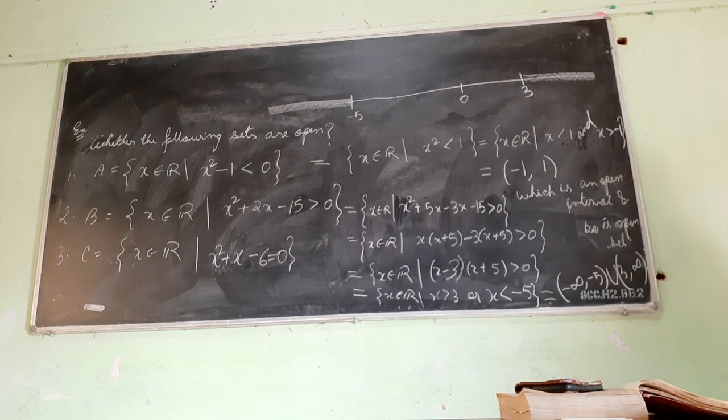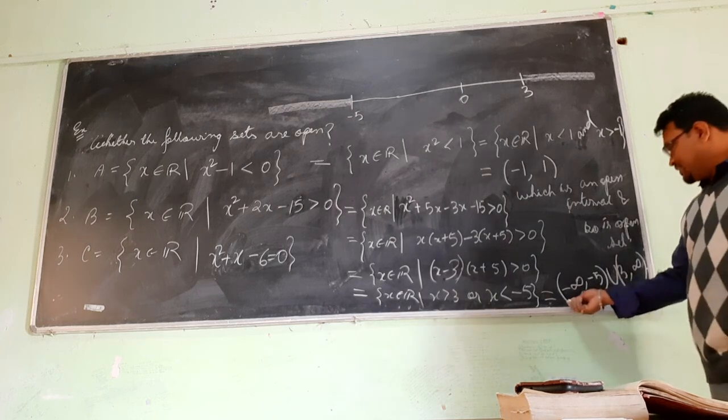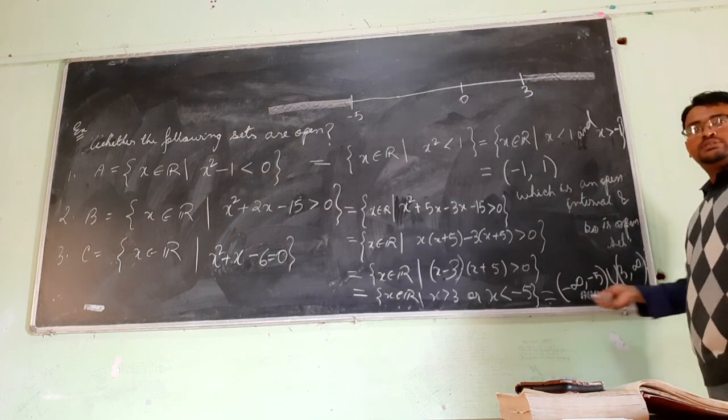Okay. So this second set is a union of two open intervals. And we have done last day that the union of open intervals will be open. This is an open set, this is an open set, their union is open.